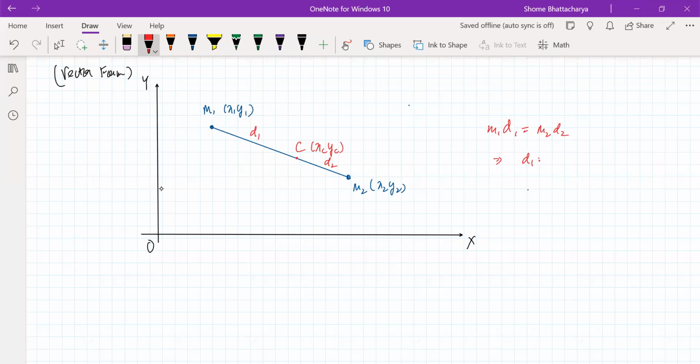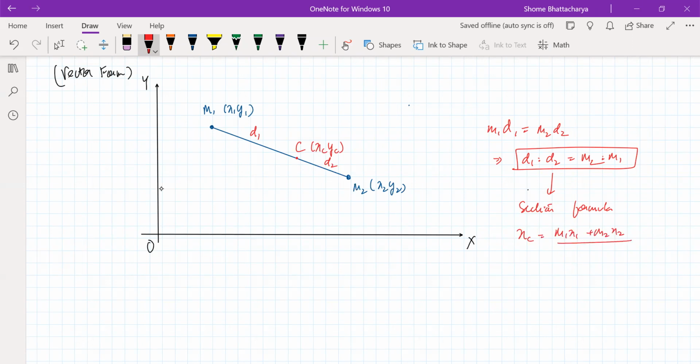So this distance ratio is the inverse ratio of the masses. So again, by application of section formula, we can see that the coordinates will be M1 X1 plus M2 X2 divided by M1 plus M2, and the Y coordinate will be similarly M1 Y1. So the coordinates are the weighted mean.